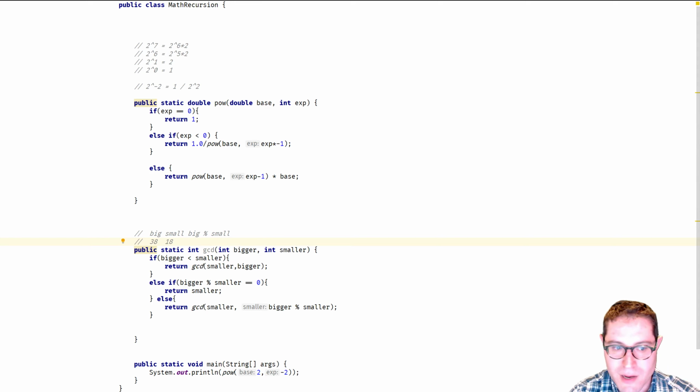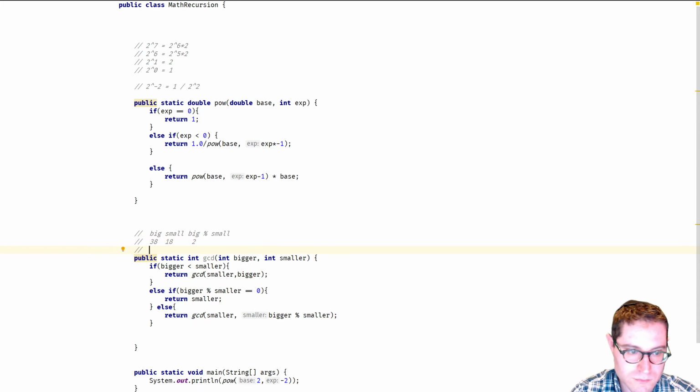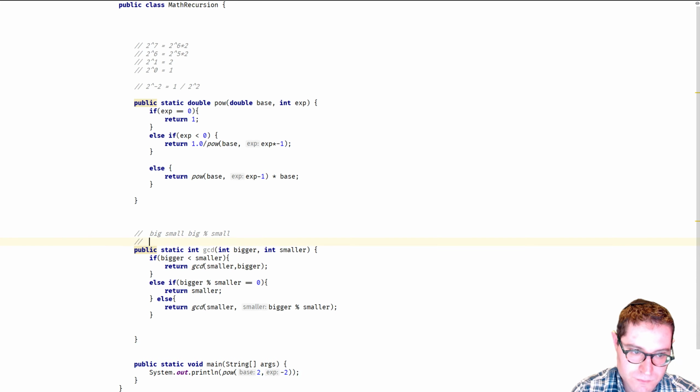What does 38 divided by 18 give? 18 times 2 gives us 36, so in other words, our remainder here is 2. Over here now, we've got 18 and 2. 2 goes into 18 perfectly, so boom. We return 2 in that case.